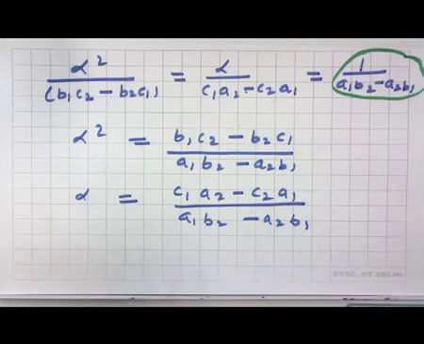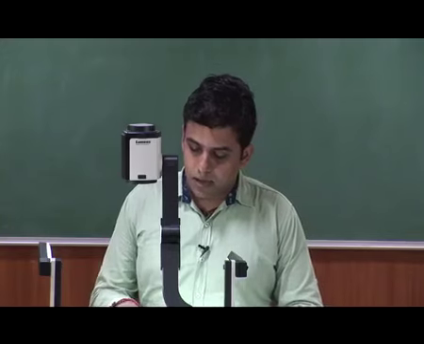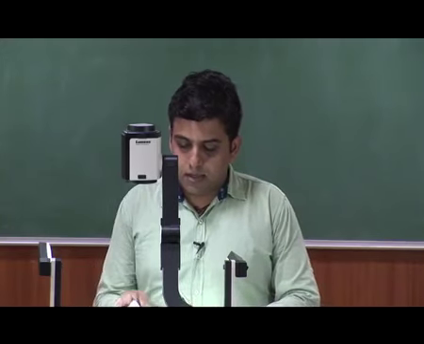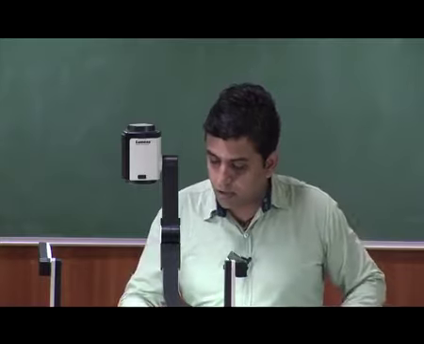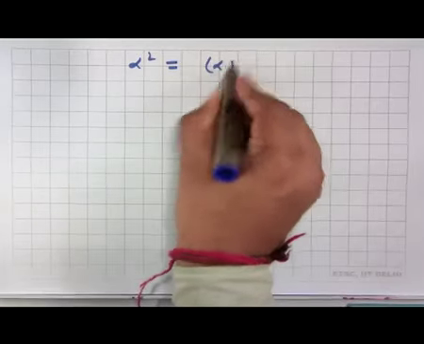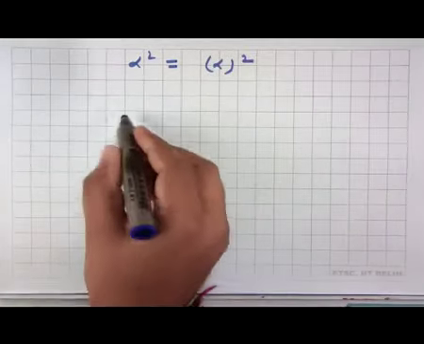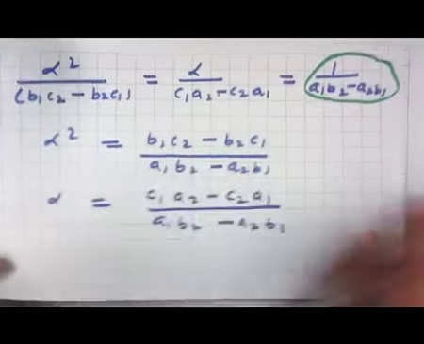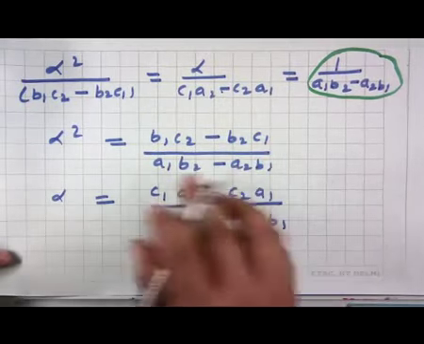Now, we can find out the condition in which the roots are common. Now, we will equate alpha square to alpha to the whole square. Now the value of alpha square is b1 c2 minus b2 c1 over a1 b2 minus a2 b1.